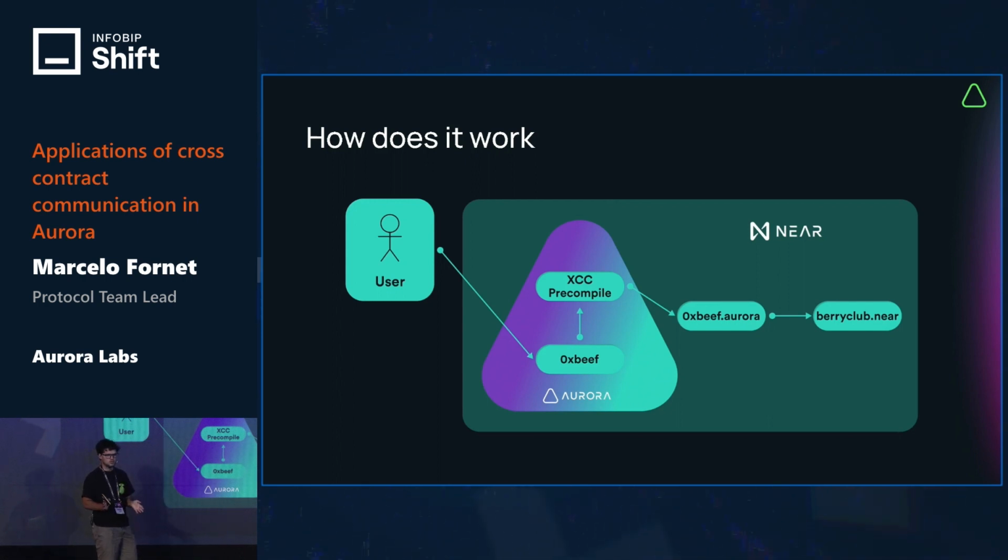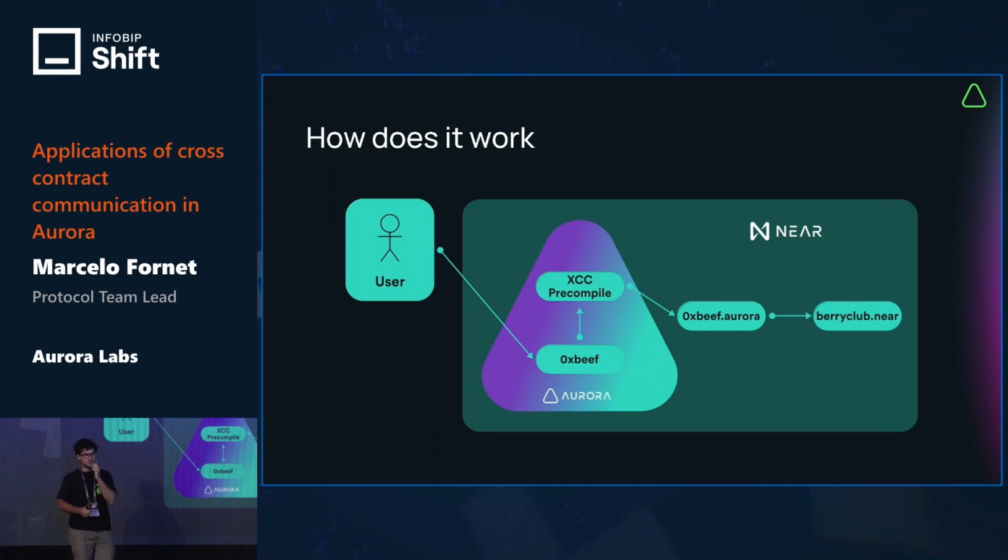It will do that on demand, not that we're planning to do this with every other address out there. So this account is created on NEAR, and the cross-contract call to berryclub.near is routed through 0xBEEF.aurora. The main point of going through this intermediate step is that we need a way to authenticate the sender on berryclub.near.